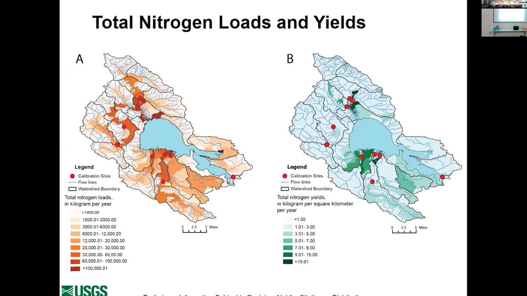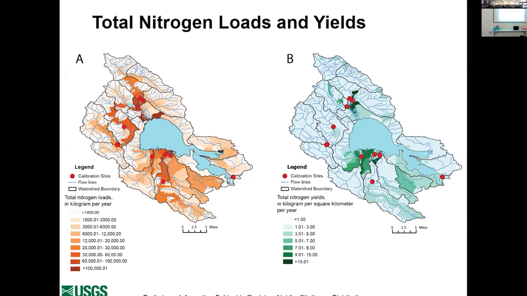So when you say, oh, there's like 100 kilograms per year of total nitrogen going into one of these watersheds, when you look at it as a yield, you get a different perspective, because it's only up to 15 kilograms per square kilometer per year going into the lake from the main watersheds.